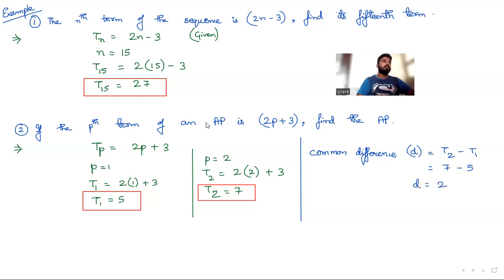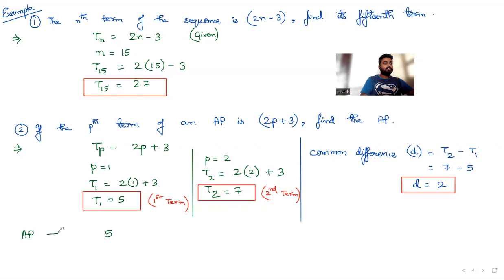So I have my D, and I have my first term, which is nothing but A. Now you might be thinking, which is A? A is this, your first term. And this is your second term. So you could have found out the common difference easily. Now when I have to find out the series, I know D, I know A. So find out the AP.